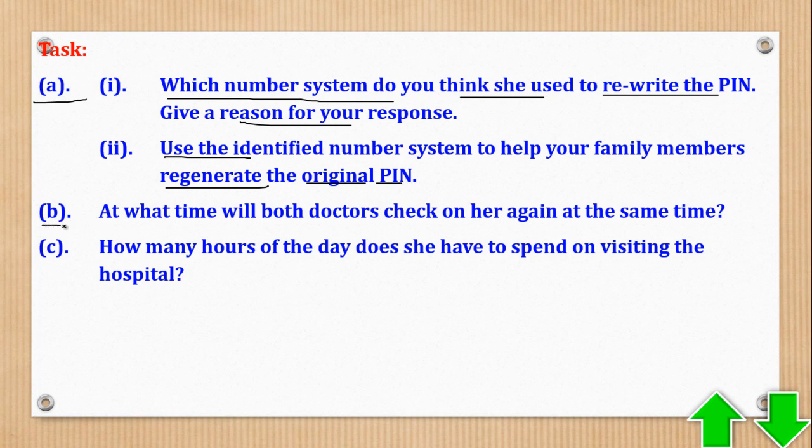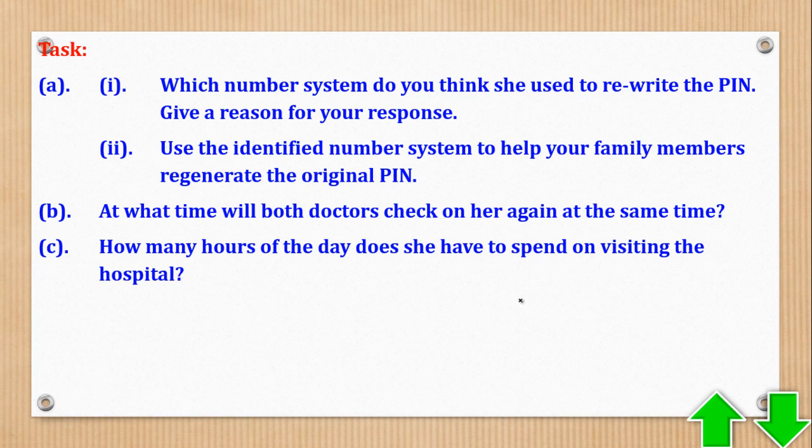Part B. At what time will both doctors check on her again at the same time? Part C. How many hours of the day does she have to spend visiting the hospital?